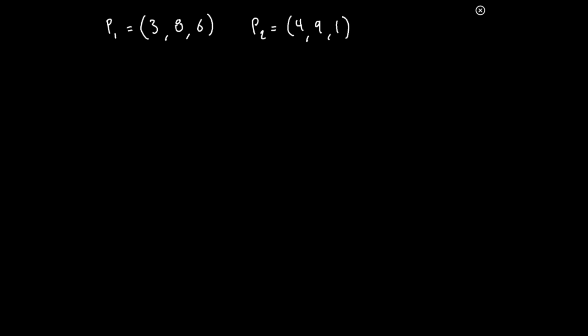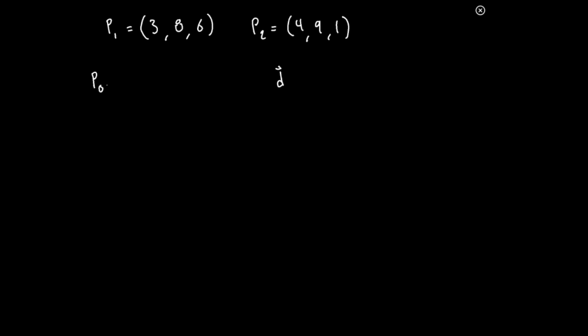Great. And now we have to find what the line is between these. Now, what we said that we needed was a P naught, some point in space on the line. And we also need a vector. And that vector was D. Actually, I'm going to give D a little hat there so you can see that it's a vector.